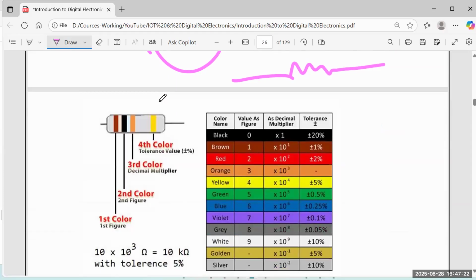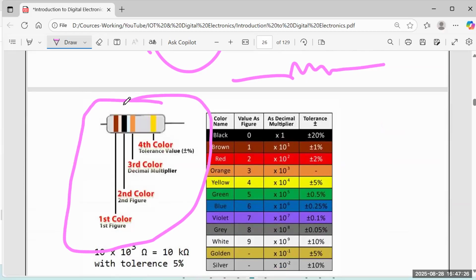Right. So when you work with physical resistors, how do you identify them? Because a resistor is a very tiny device, it's very difficult to print the resistance. And if they print it, say 220 ohms, there's a high chance it gets erased because you touch it. Maybe it is erased, then you don't know whether it's 22.